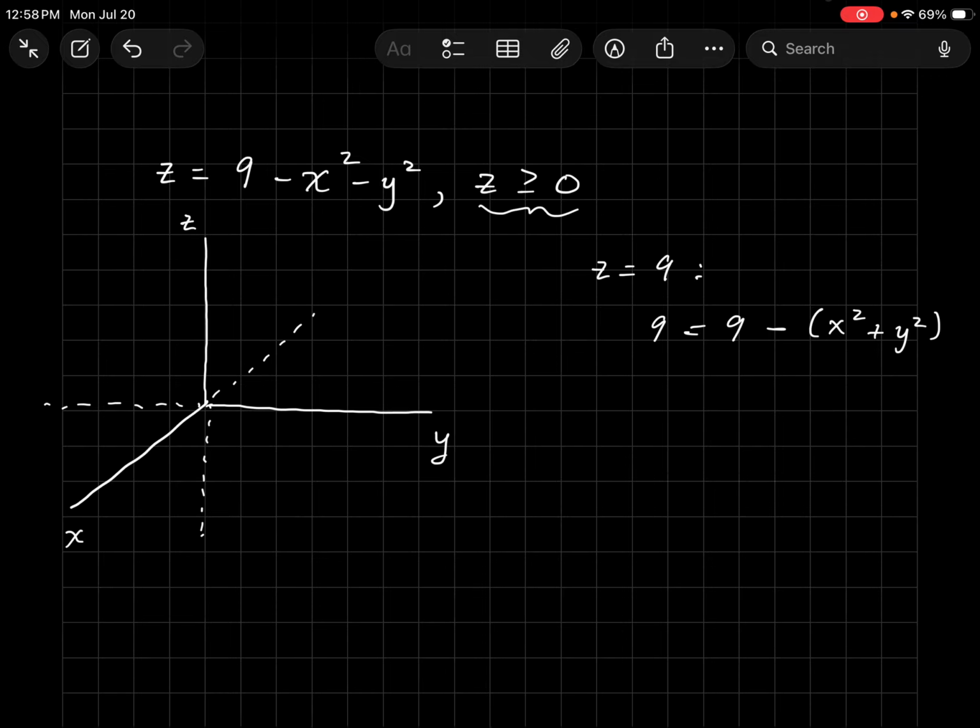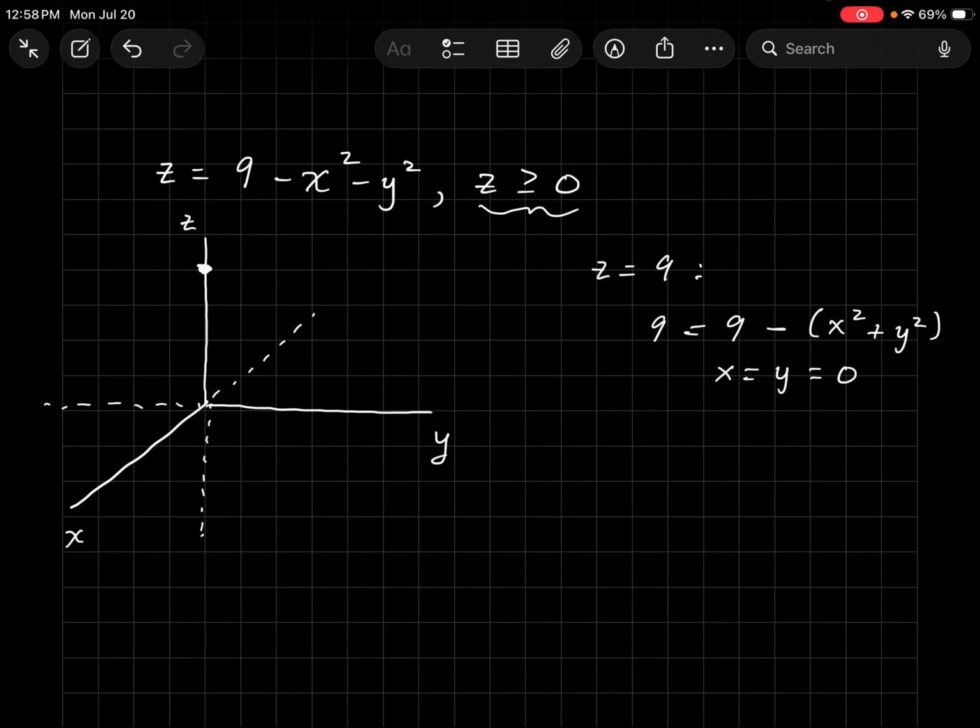What is the only way we could get this to be a true statement? Well, the only way this is a true statement is when x and y are both 0. So when z equals 9, x and y are both 0. So we have the point right there above the point 0, 0 in the xy plane, and z equals 9.